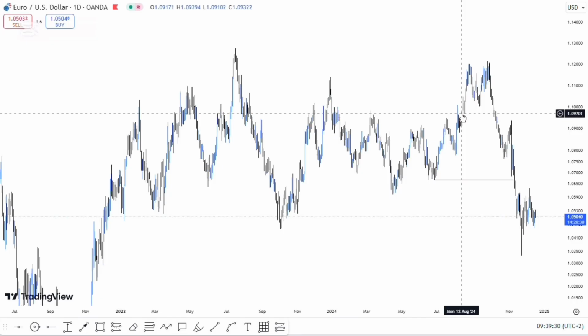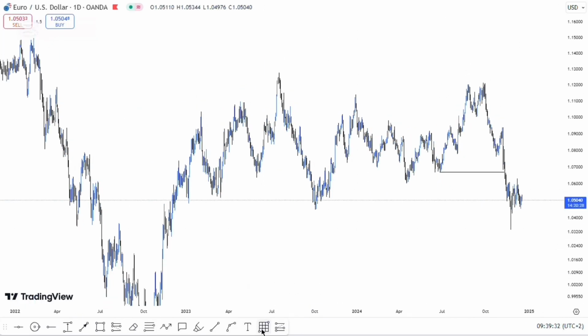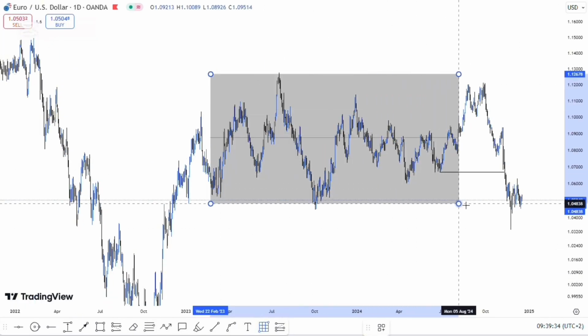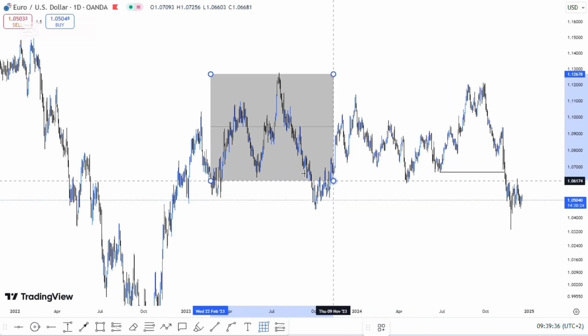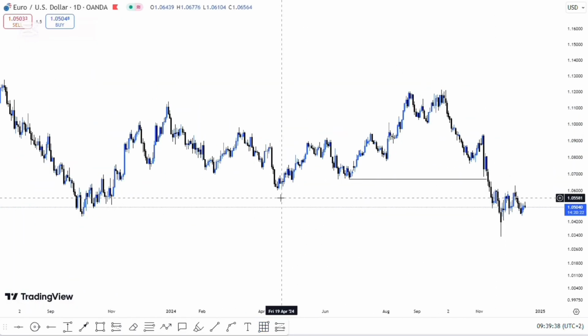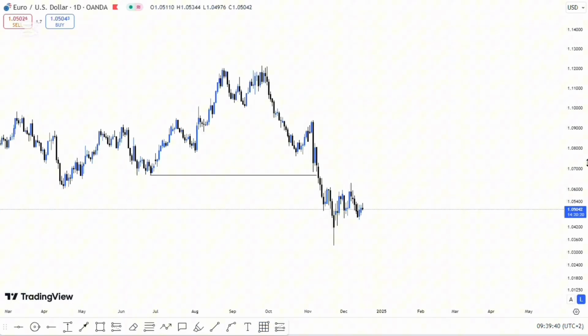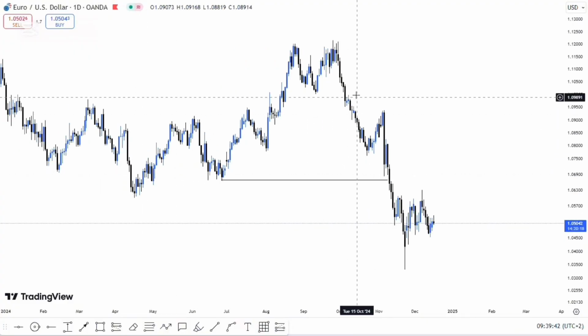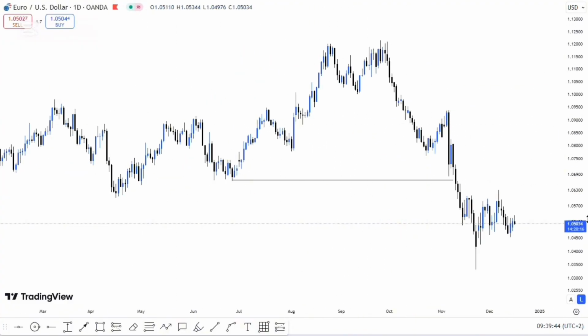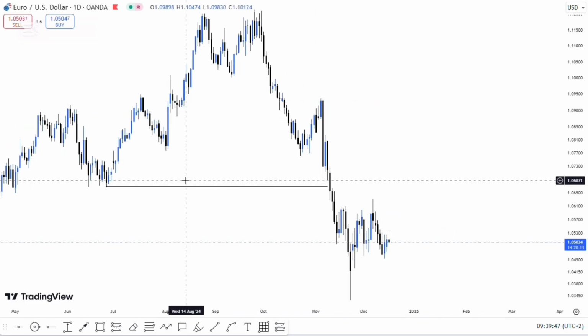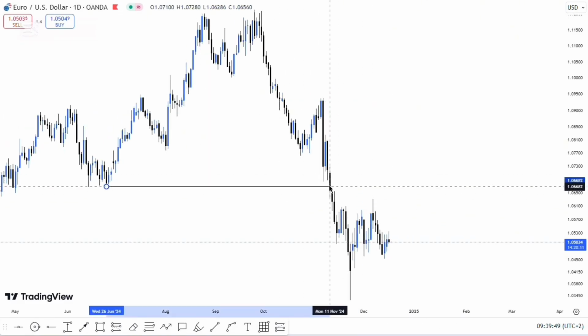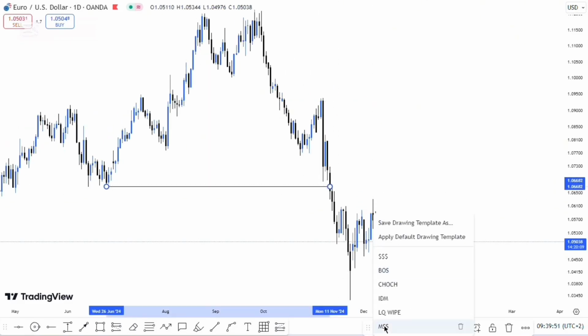Previously the market was consolidating from this point, but now price was bullish right at this point from today, so after having that break of structure to the downside we had right there.